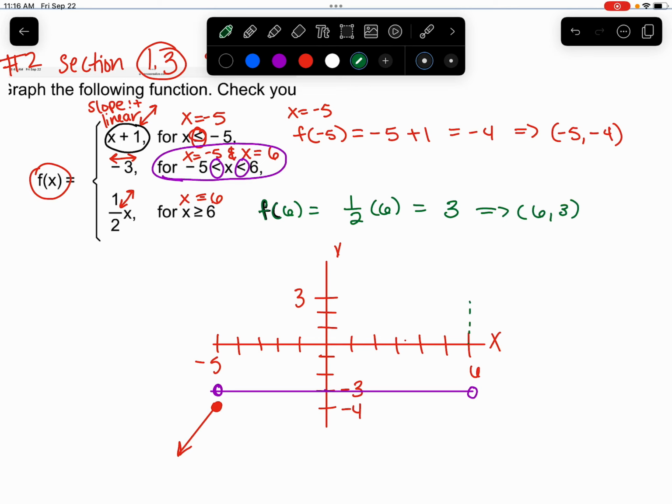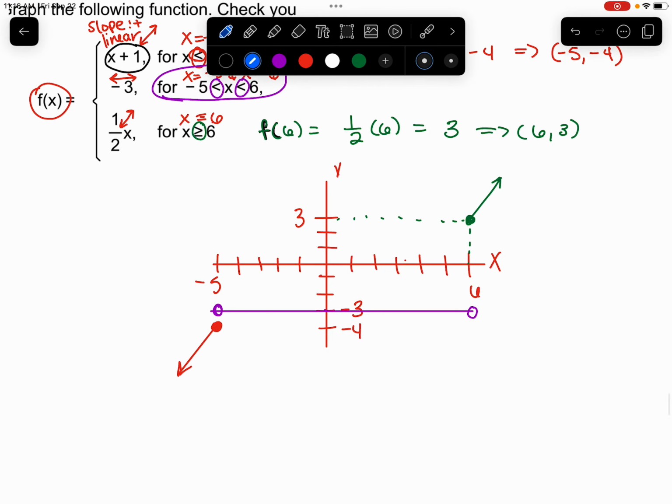So it's going to be right here. 6, 3. It's closed because it has a line underneath it right here. Okay. And the graph we said was going upwards. So that's what it means. So your graph should look like this.